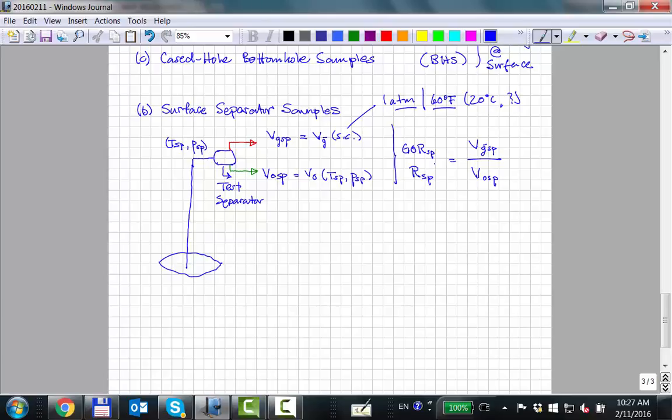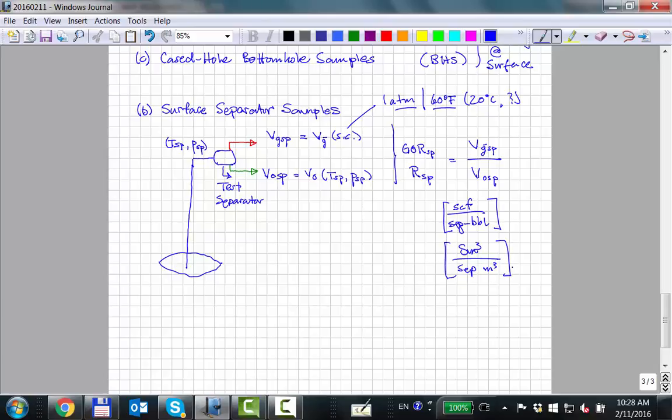You'll see it, hopefully, in how they report the units. So the units of this would be, for example, standard cubic feet per sep barrel, written like that, or standard cubic meters per sep cubic meter.